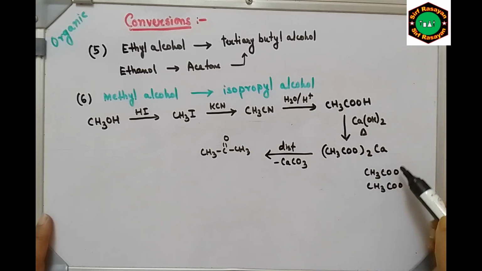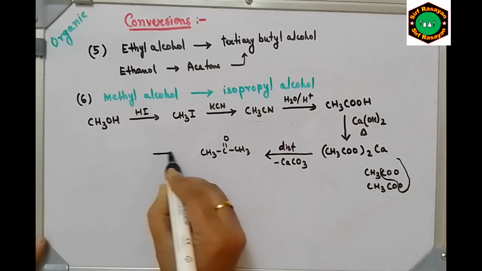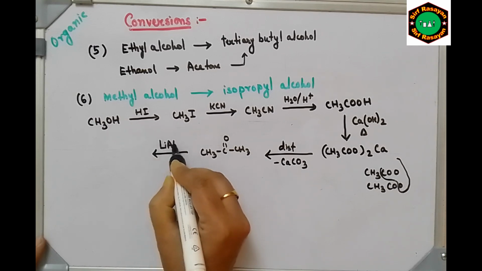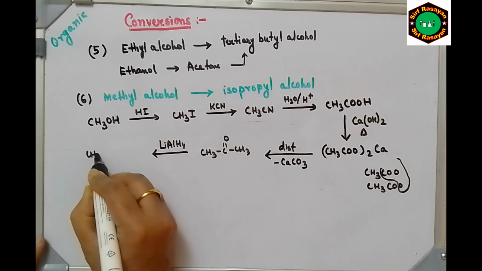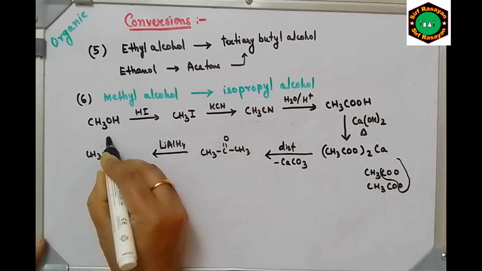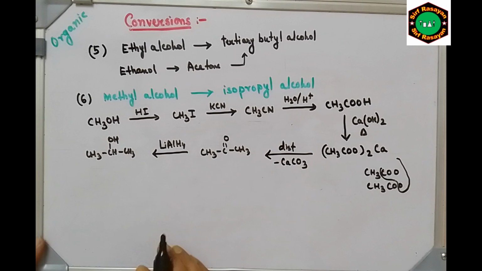So CaCO3 will be removed like that way and we will get acetone. Now acetone we are getting. After that you have to reduce it. Several reagents are available. I am using lithium aluminium hydride to reduce ketone to secondary alcohol. We are getting isopropyl alcohol. So like that way we are doing stepping up also.